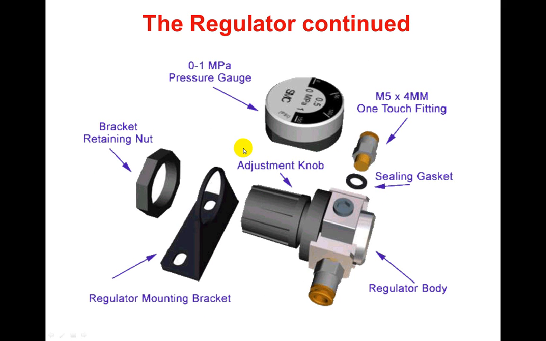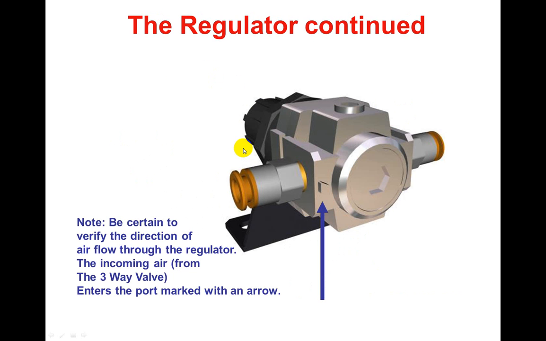Another regulator continued. Just some other parts that you might see on a pneumatic system. Here it says be certain to verify the direction of the airflow through the regulator. The incoming air from the three-way valve enters the port marked with an arrow.